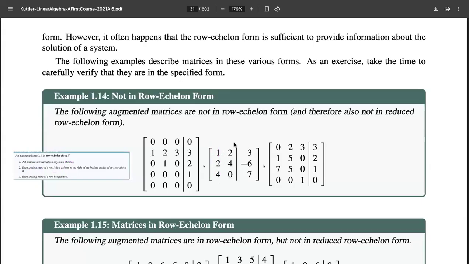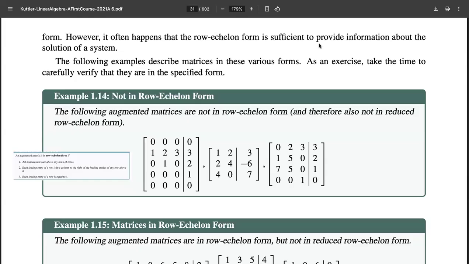Then let's look at the third matrix. A few conditions are not satisfied, right? Here we can see clearly the leading entry of the first row is the 2, which is the second entry, but over here we have the 1, which is towards the left of it.